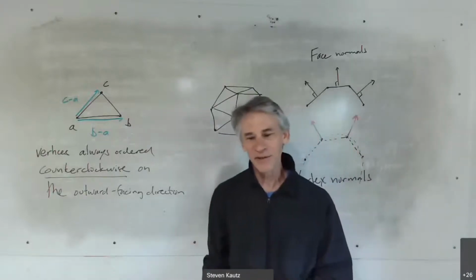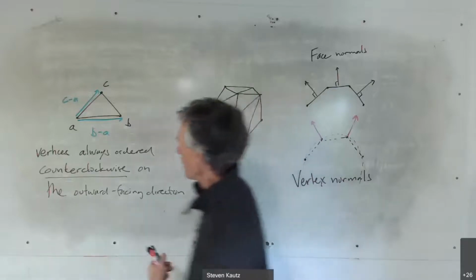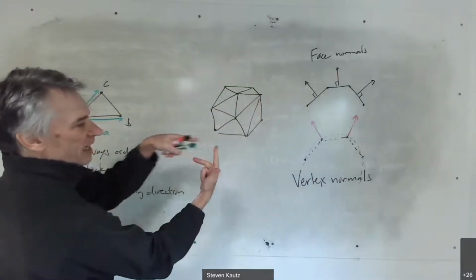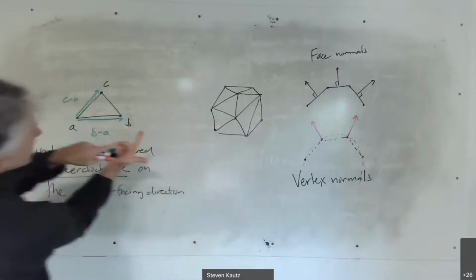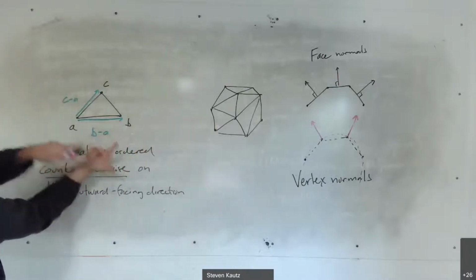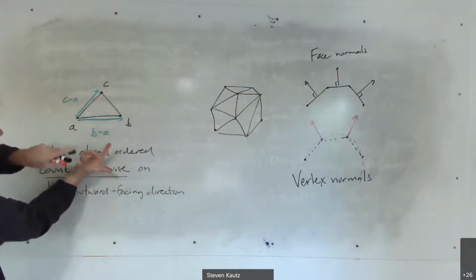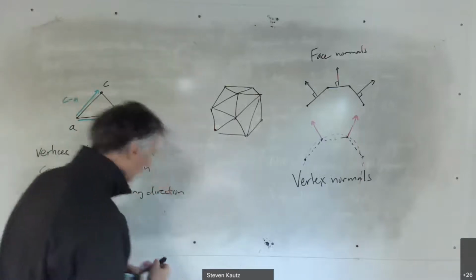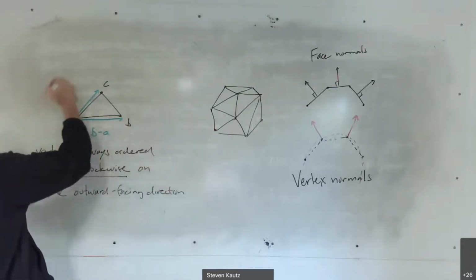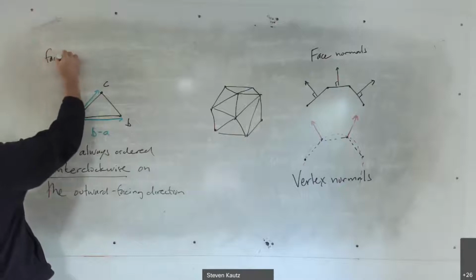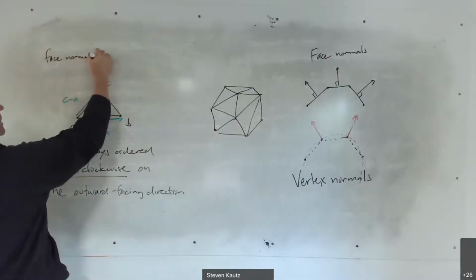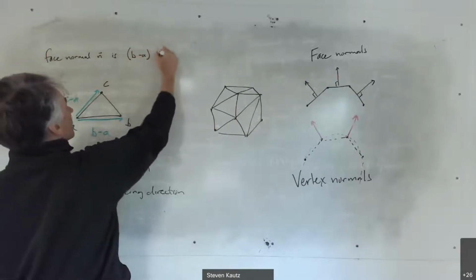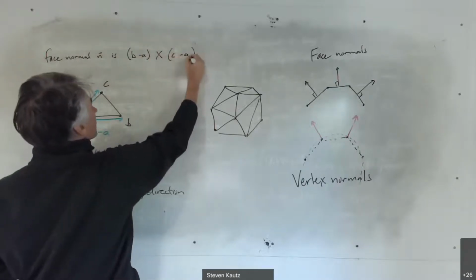Because it's not commutative. It goes by the right-hand rule. So if I take, remember the right-hand rule is like this. If I take that cross that, then this is the result. So if I want this facing outward, I have to take this one cross that one, and then that'll be the result. And so my face normal, let's say N, is B minus A cross C minus A, those two vectors.